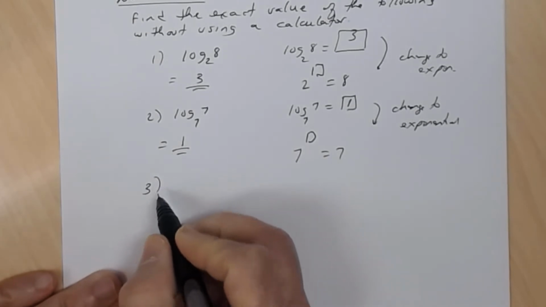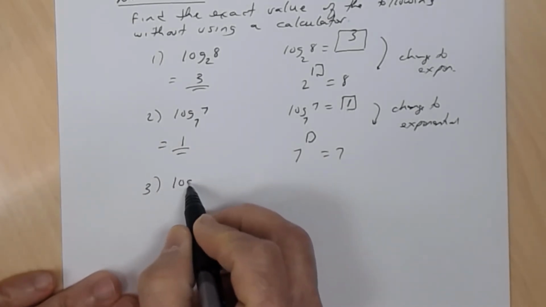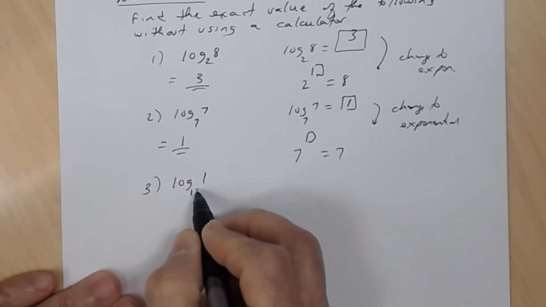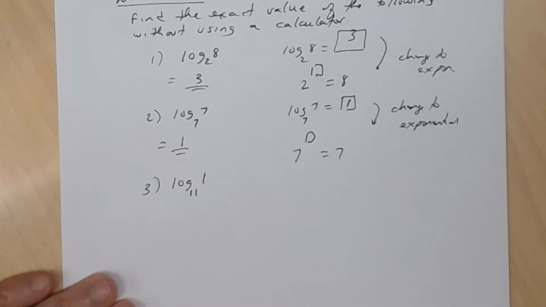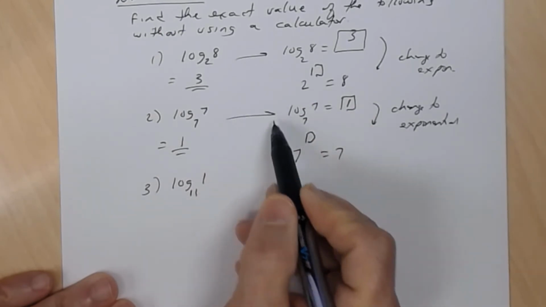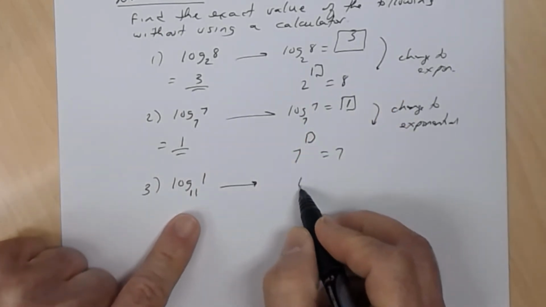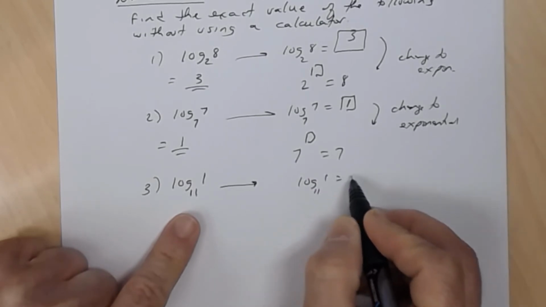Number 3, suppose we had the log of 1 base 11. All right, that looks hard, doesn't it? It really isn't. Let's think about it. I'm going to do the same thing here. I'm going to rewrite this as an equation: log of 1 base 11 equals box.